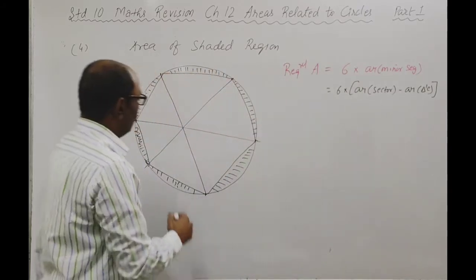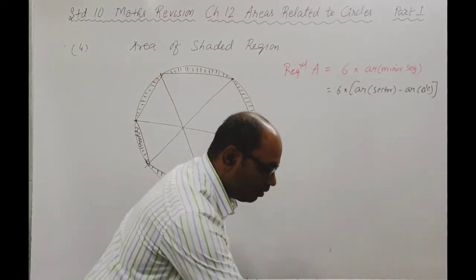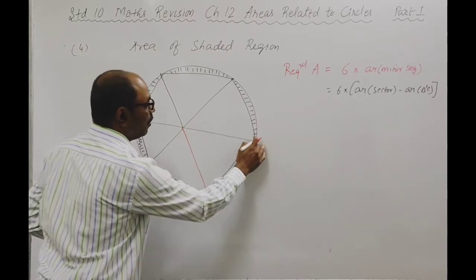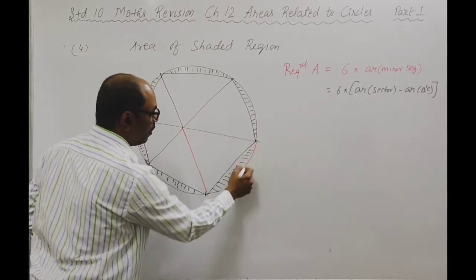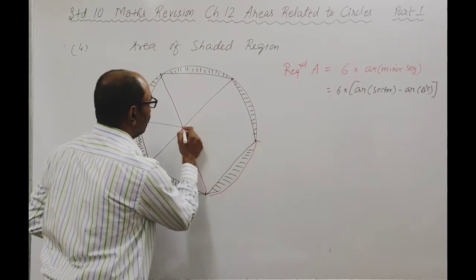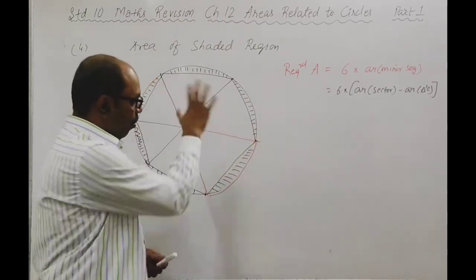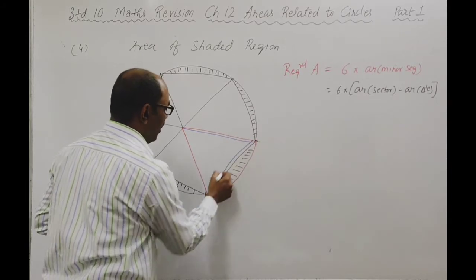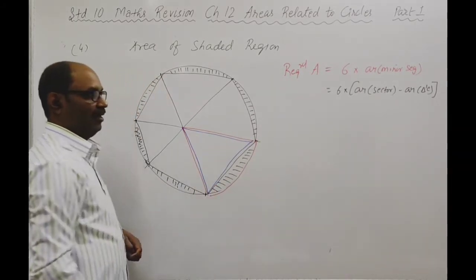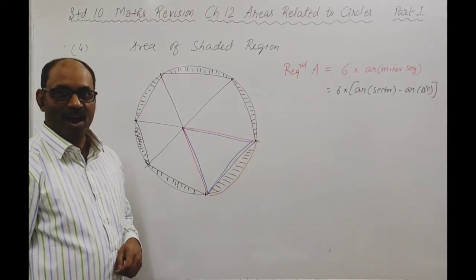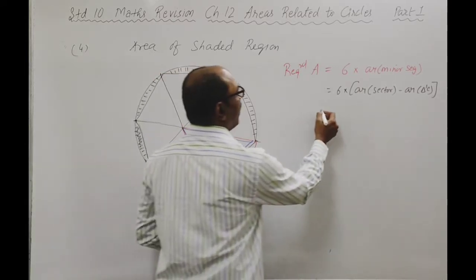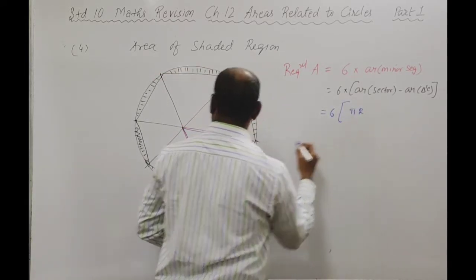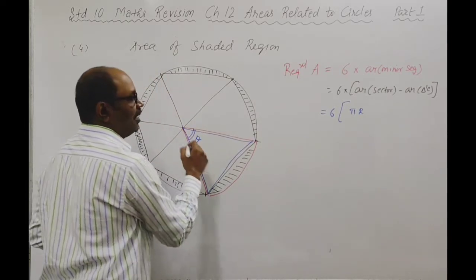Area of sector, this. This is sector, whole. उसमें से क्या माइनस कर देंगे? Area of this triangle. So area of sector minus area of triangle. That is 6 times area of sector pi r square. Yes, of course, I'll have to call this as theta.